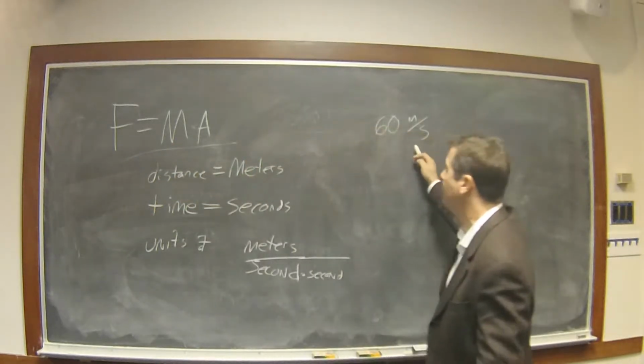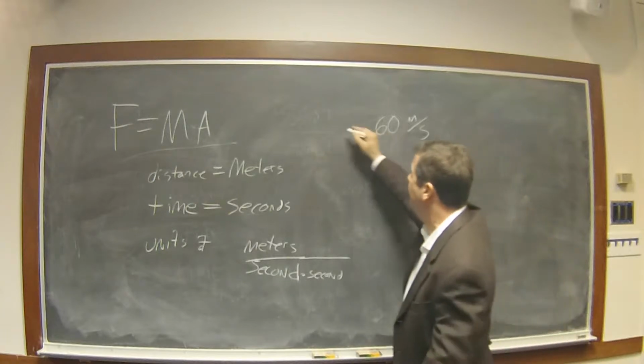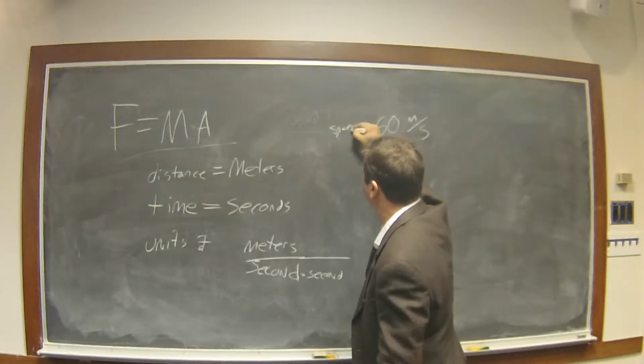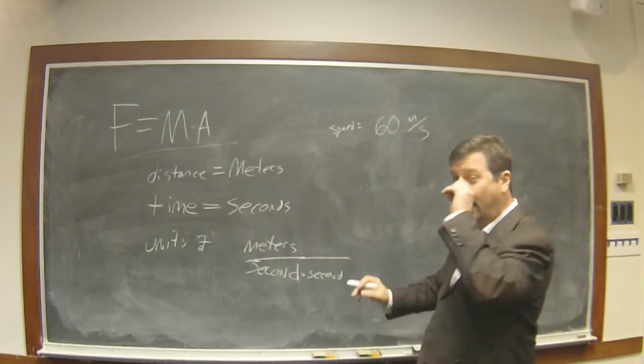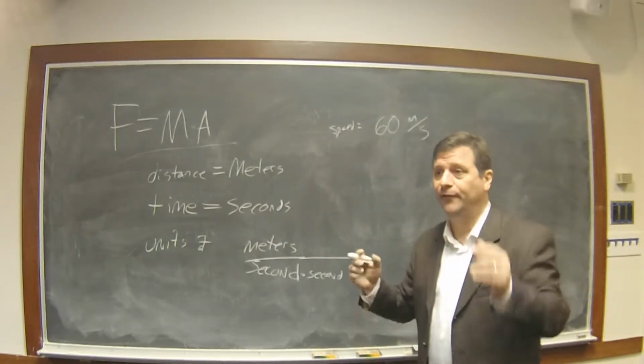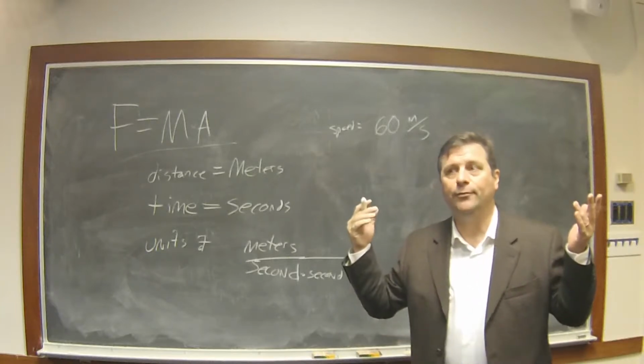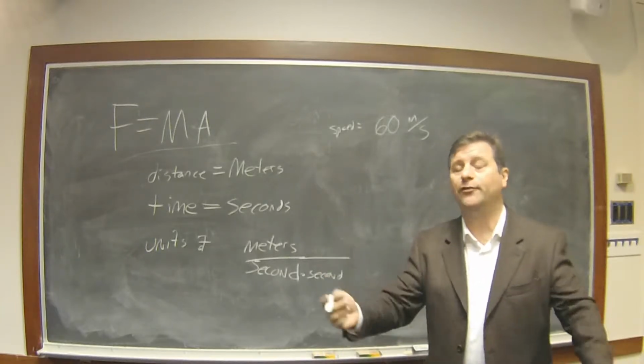But when we use this, we're making a measurement of speed. So we say speed equals 60 meters per second. And say we're going to vary from 60 meters per second up to 120 meters per second over the course of 10 seconds.